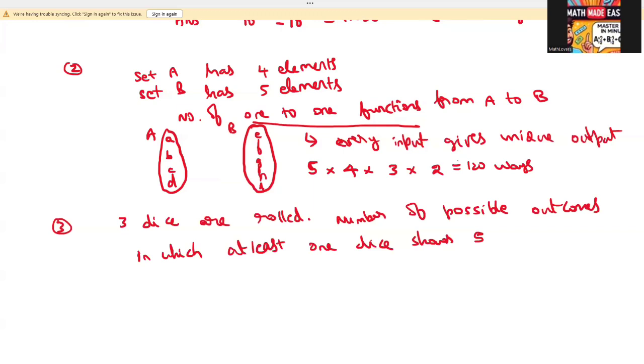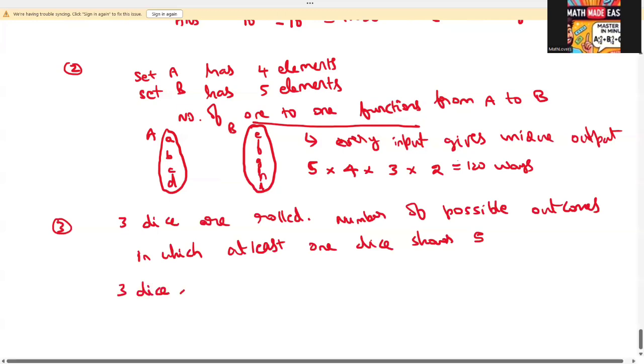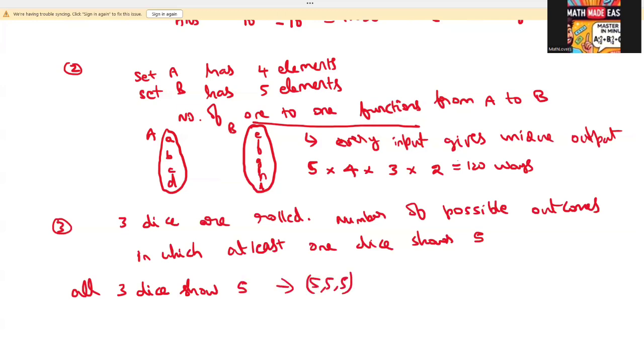Now you can see the words at least have been used. There are 3 dice. So there is a possibility that all the 3 dice show 5. That will happen like 5, 5, 5, which means it's only one way that can happen.